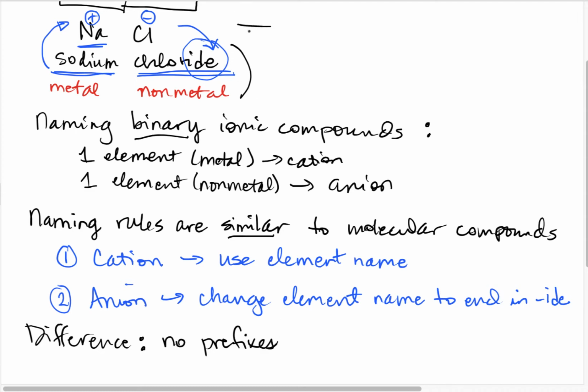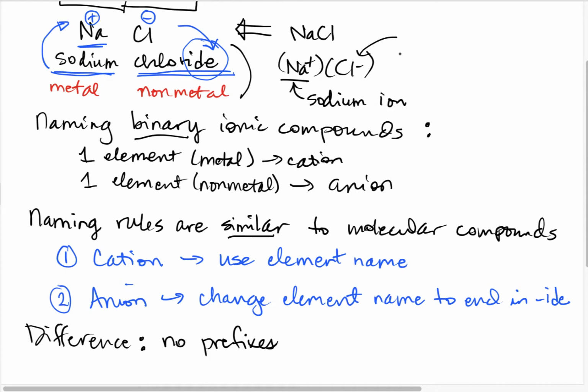So we saw sodium chloride right up here where we have one Na and one Cl, and this is really an Na plus and a Cl minus, so it's really a sodium ion and a chloride ion.